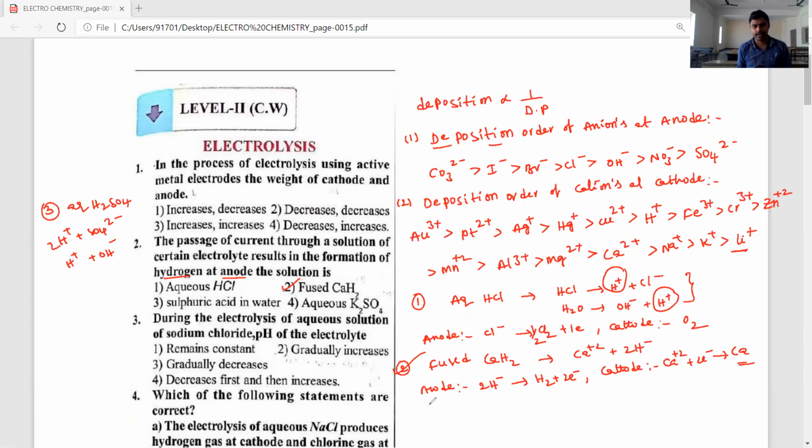Then for the third one, the aqueous H2SO4, at anode O2 gas will be produced, and at cathode hydrogen gas H2 will be produced. Means H+ ions can be easily deposited when compared with others. Here only H+ ions are present, there is no competition. That's why H+ ions undergo reduction to produce hydrogen gas at cathode.